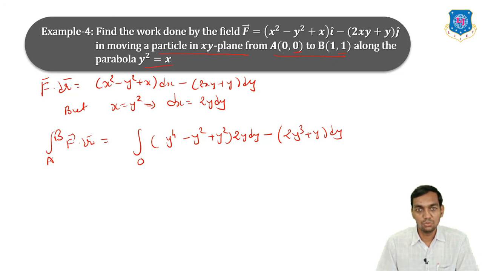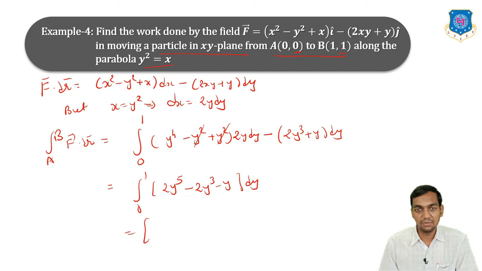So 0 to 1. And that will give you the integration from 0 to 1 of y square cancel out, 2y into y raised to 4, that is 2y raised to 5, minus 2y cube, minus y into dy.